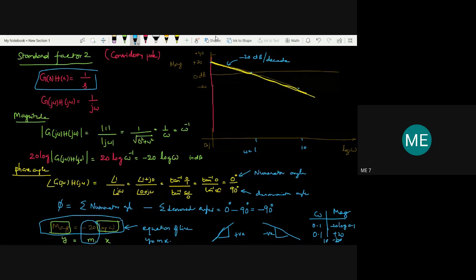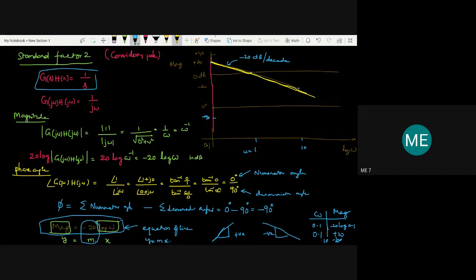Of course, phase angle can be plotted here. The phase angle is going to be minus 90 degrees. Here phase angle can be plotted with this as 0 degree, and below it is minus 90 degree.